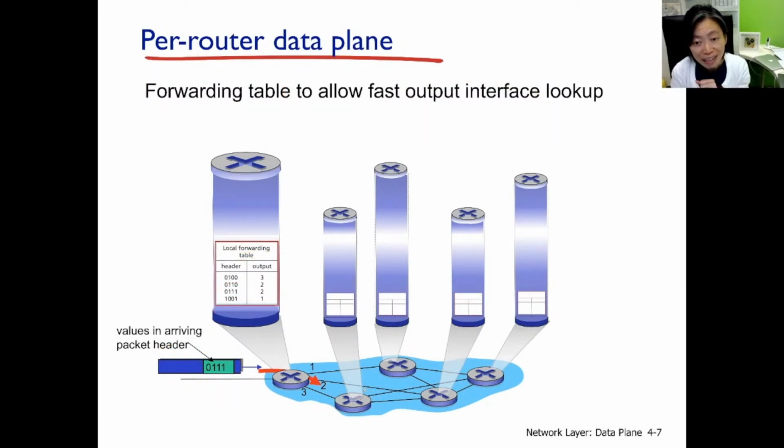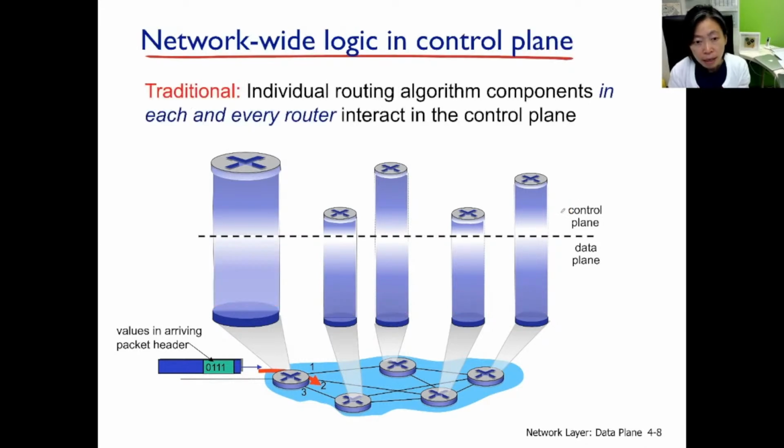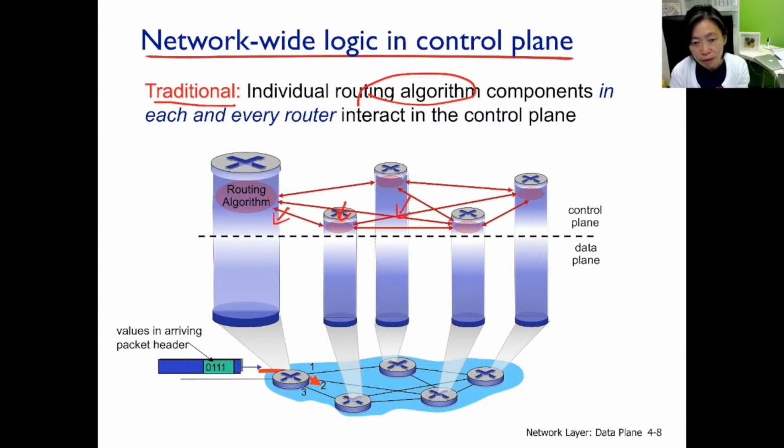And the control plane is higher up in the operating system stack. Let's talk about the traditional approach first, where the computation is distributed. The routing algorithm is going to be running on each of these routers, here, here, here, and here. Each and every router has the routing algorithm running, and they interact with each other.